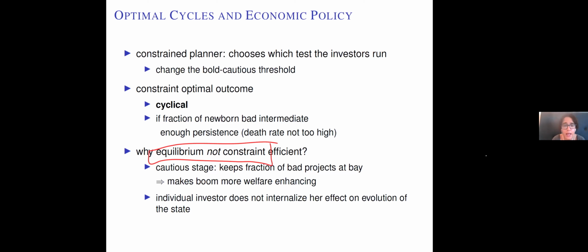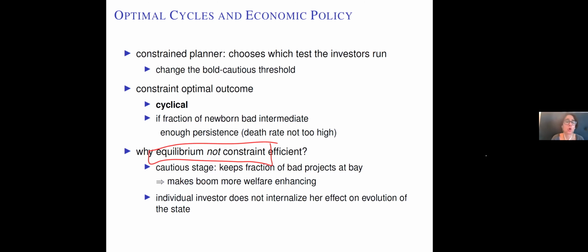And the reason is that in this model, the cautious state keeps the fraction of bad projects at bay. So once the economy switches to the cautious state, the fraction of good projects grows, okay? And so the economy becomes better in a sense. Having cautious stages every once in a while makes the booms more welfare enhancing.